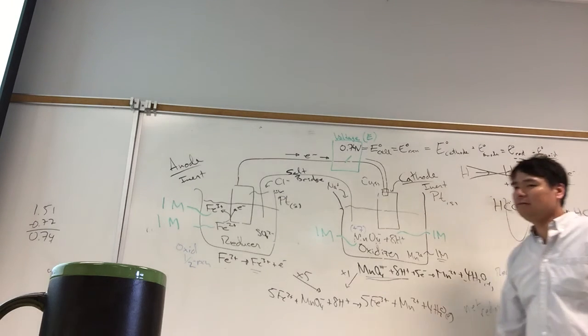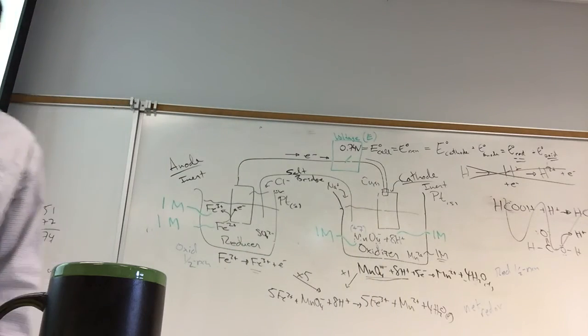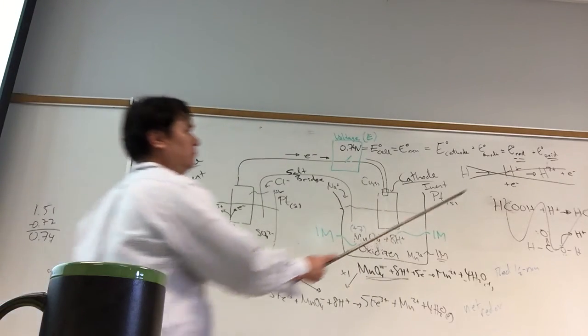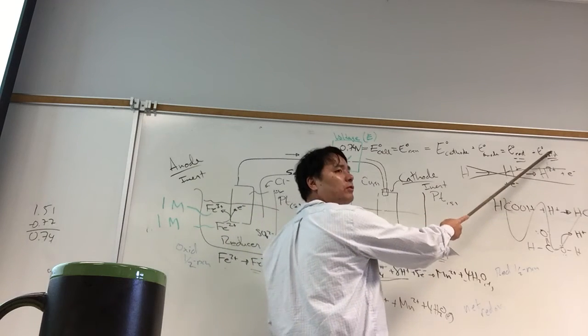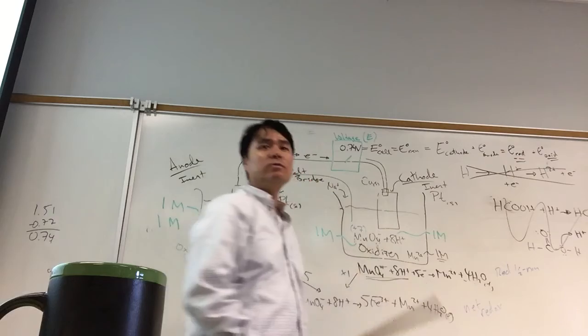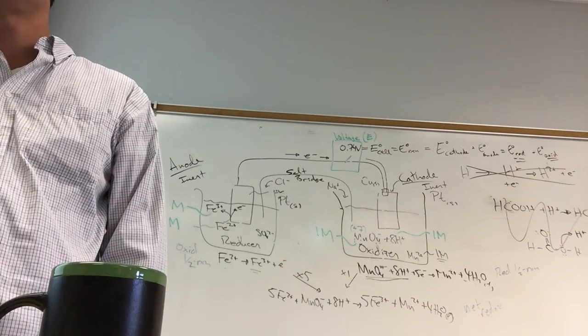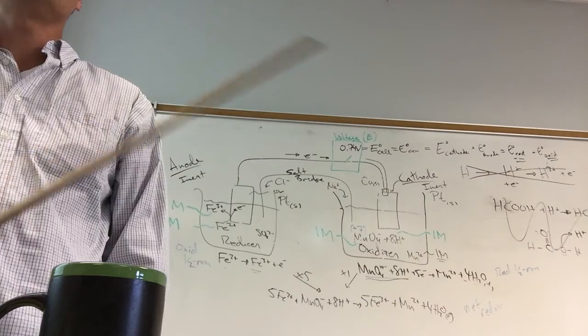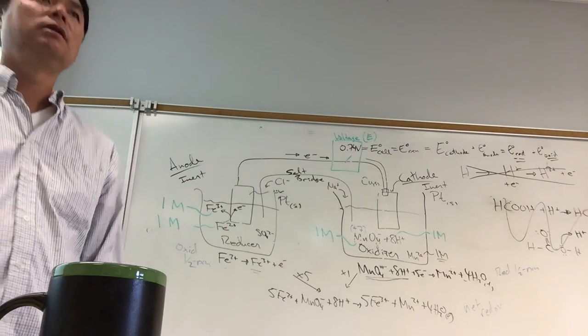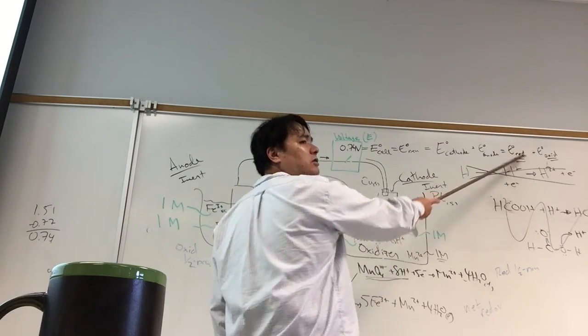And so what we have here is a scenario where we have 2 unknowns. I don't know what voltage this is and what voltage this is. I have 2 unknowns and 1 equation. And so what do I need? If you have 2 unknowns, you need 2 equations. So I've got 1 equation there. Can you think of a second equation that'll allow me to solve for the individual voltages?